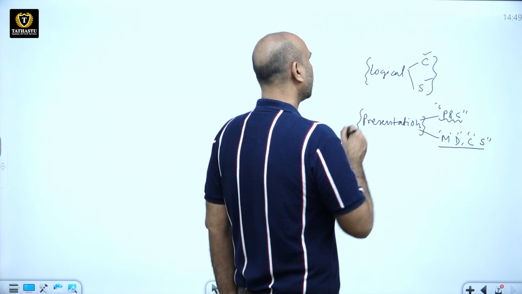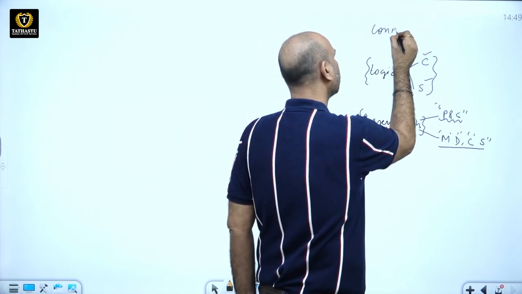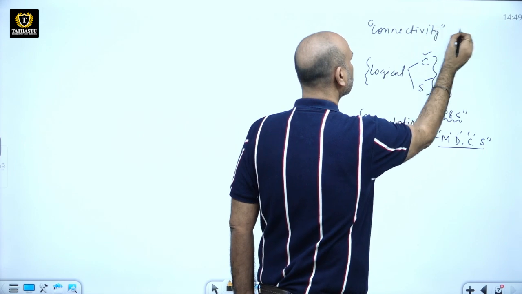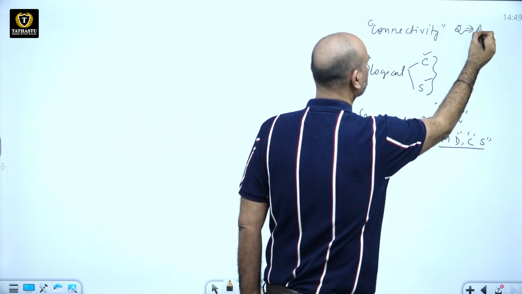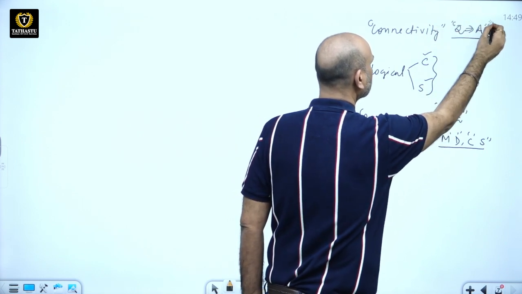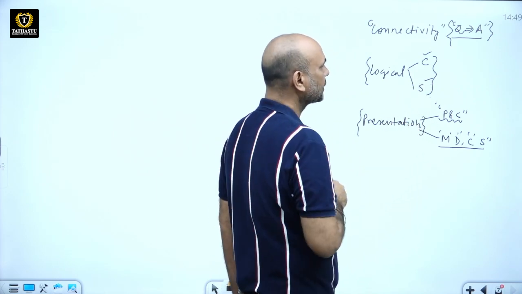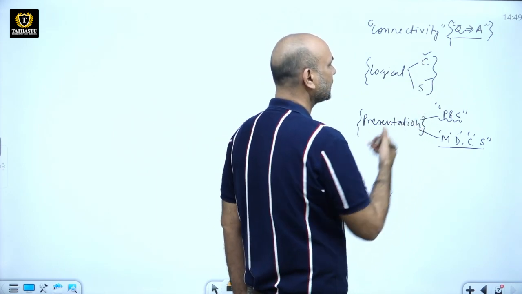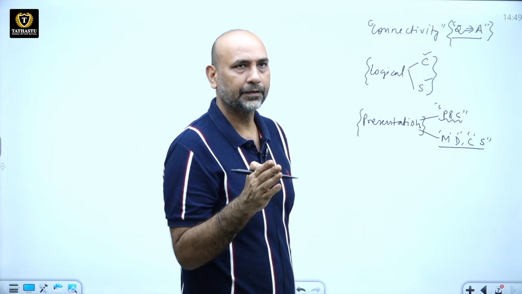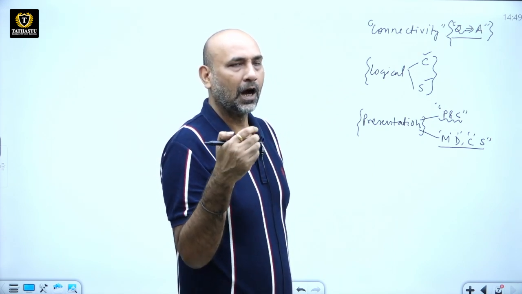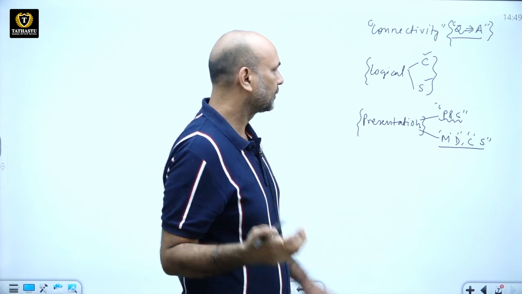Now, the first parameter was connectivity. Connectivity between question and answer. Answer must be written in the light of the theme given into the question itself, then logical consistency and sequencing of the sentence, of the paragraphs, of the maps, diagrams and charts.